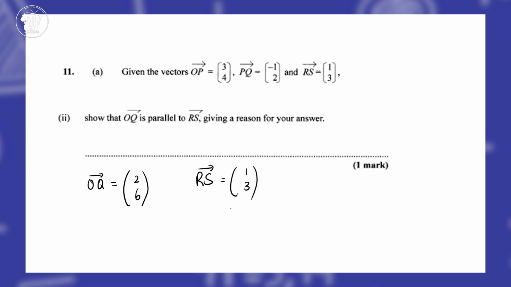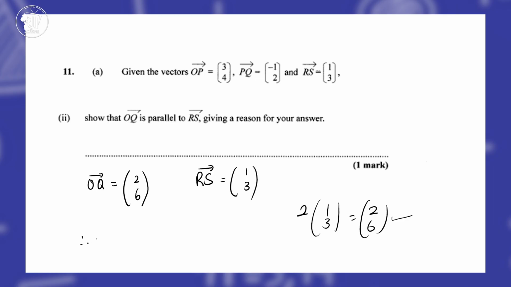So when we look at OQ and RS, if you take the vector RS, 1, 3, and you multiply this vector by the scalar 2, this will give you 2 times 1 is 2, 2 times 3 is 6. So indeed we can see if we multiply the vector RS by 2, we will get back OQ. Hence it's a scalar multiple of the other.